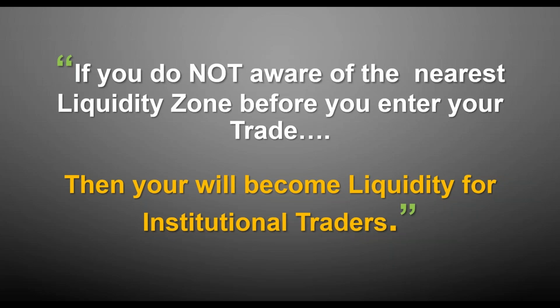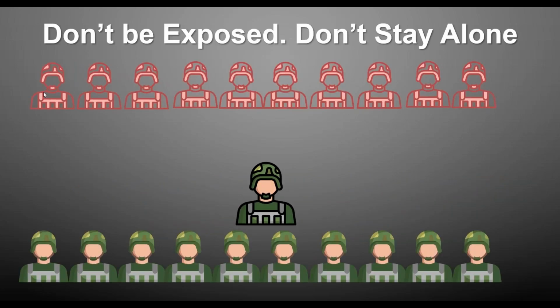I put in a diagram. Let's say these are all the sellers, the selling interest, and then the buying interest. And you are here. This icon is you. When the sellers start coming down, you are alone. You will be crushed to death. That means the order flow coming in, the sellers' interest coming down, and you are alone here.